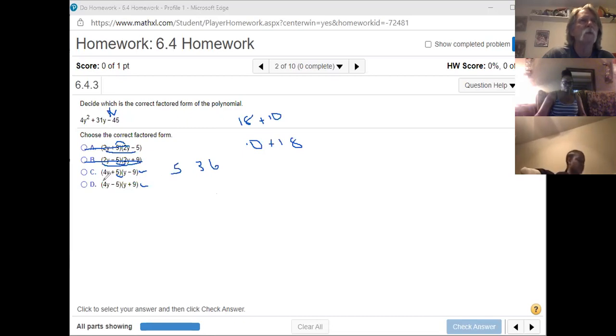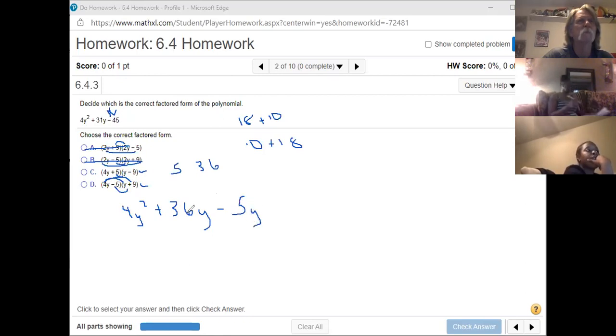So 4 times y is 4y squared. 4 times 9 is 36. Negative 5 times that's negative 5y. And negative times a positive is negative 45. Combine like terms.